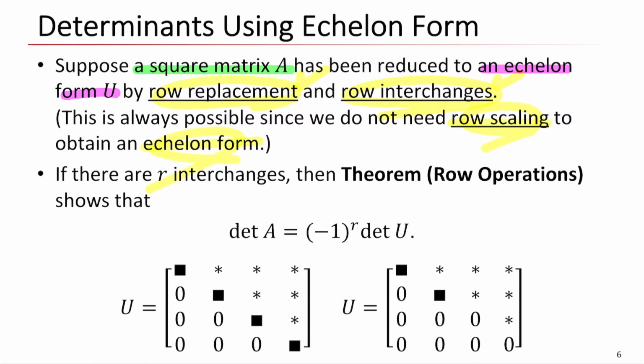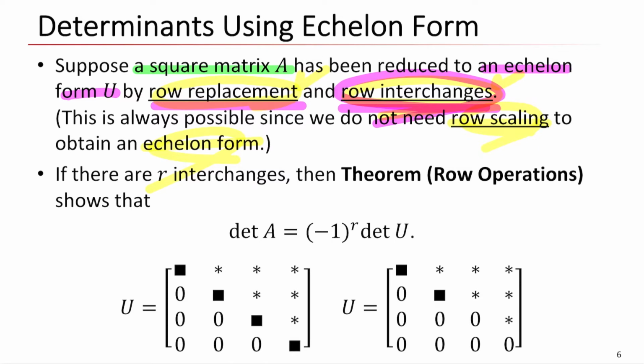Okay, and because row replacement cannot change the determinant, the only difference here is with the row interchange, right?